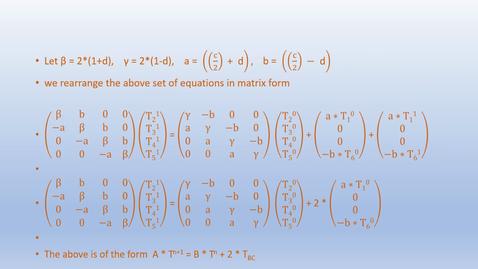And if we let beta equal 2 times (1 plus d) and gamma equal 2 times (1 minus d), and let a equal c over (2 plus d) and b equal c over (2 minus d), we can rearrange the above set of equations in a matrix form as shown below.